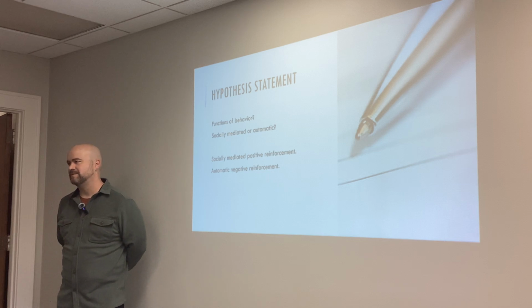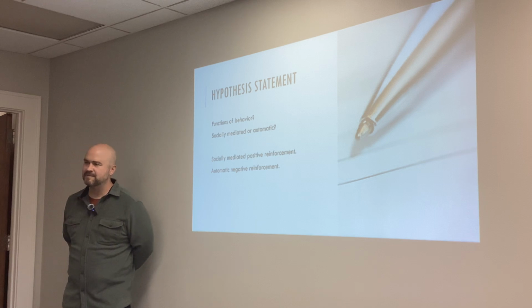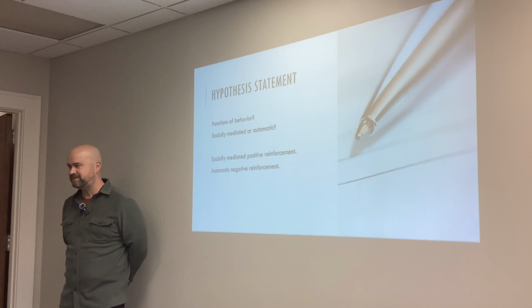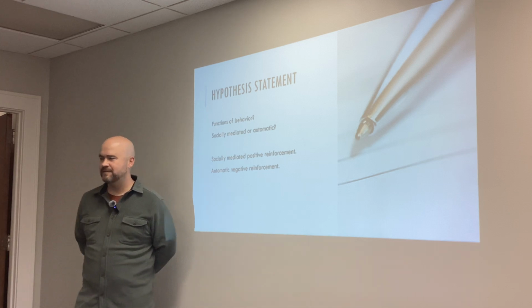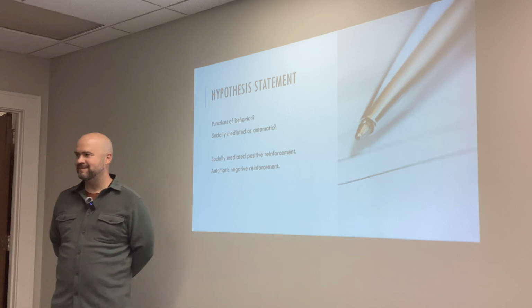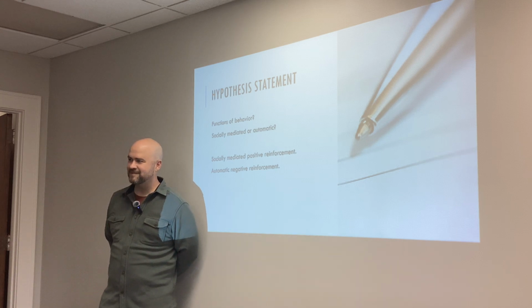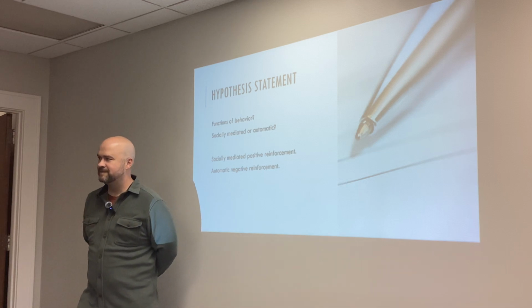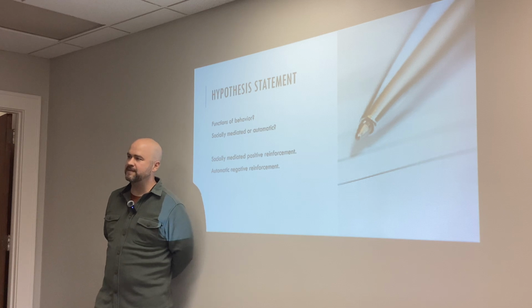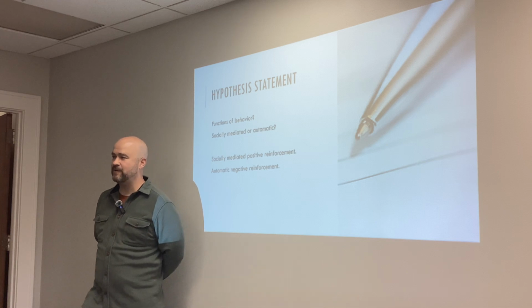The antecedent was he was hot, so he removed it, and that's the negative. But if he was cold and he added, it was positive. See the difference? You're taking positive and negative not in the sense of feelings or emotions, but literally the aspect of adding something or taking something away. Think of math: add, subtract. It is something added to the environment or something taken away.